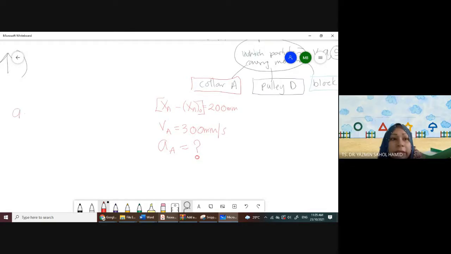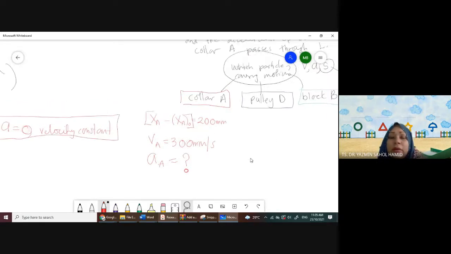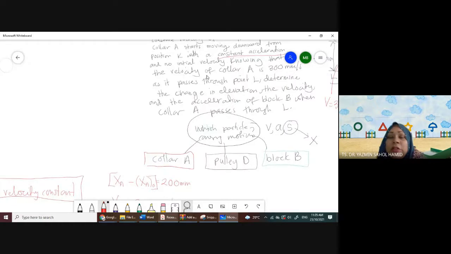Acceleration of A is equal to 0 only if the velocity is constant. Okay? But right now, the velocity of collar A is 300 millimeter per second.